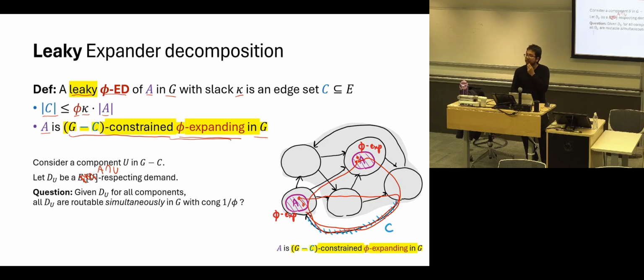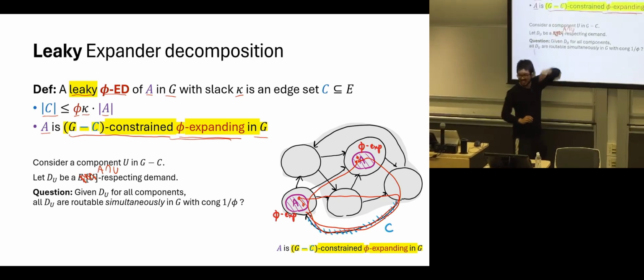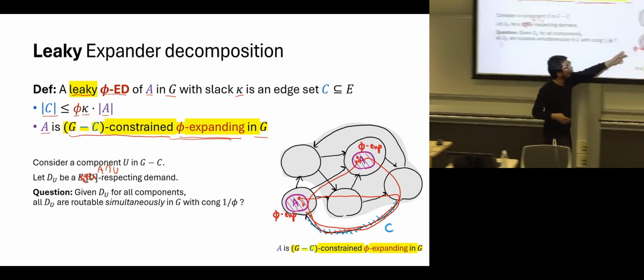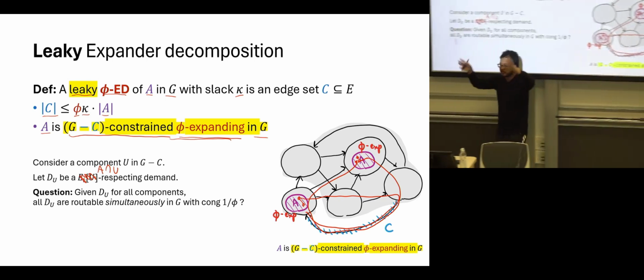Because in the same connected component in G or in C, when you have this sort of demand that you need to route to other expanders in the expanded decomposition, my point is, it's indeed true that if we guarantee this, when you try to route demand, you can route outside your component.